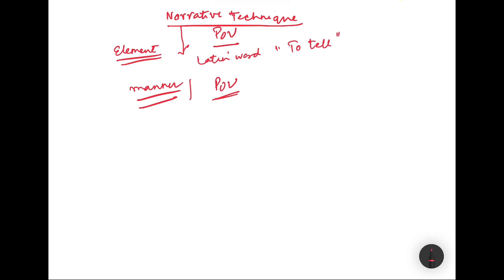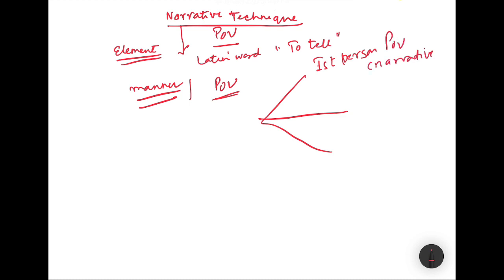So there are basically three kinds of narrative, or three kinds of points of view. So we have first person point of view or narrative. We have second person, and then we have third person. These are the three narratives, the three points of view. Okay.